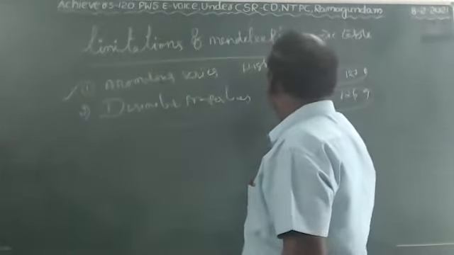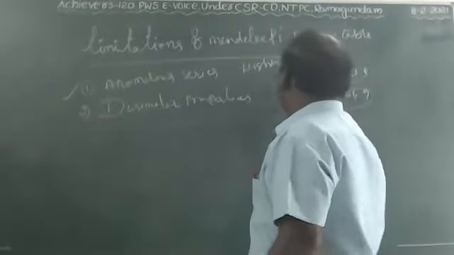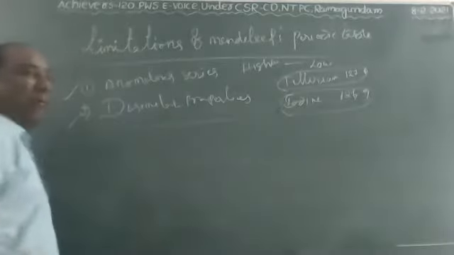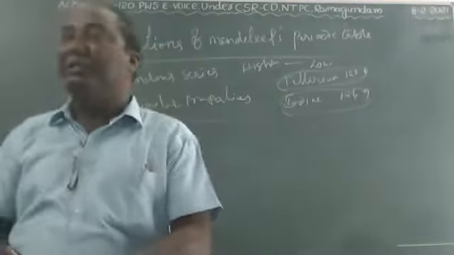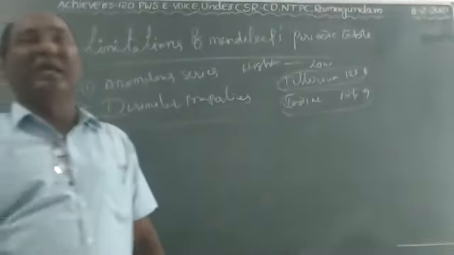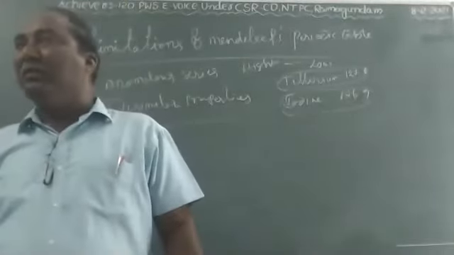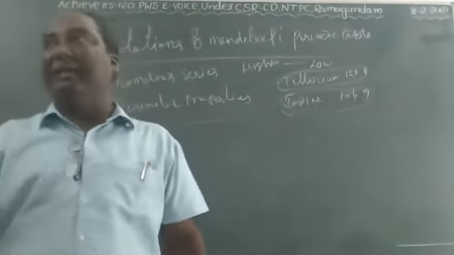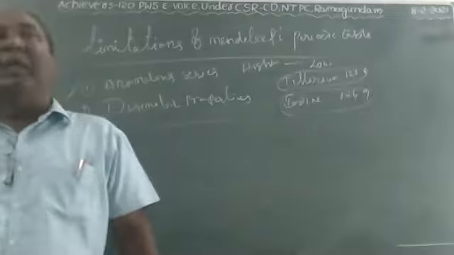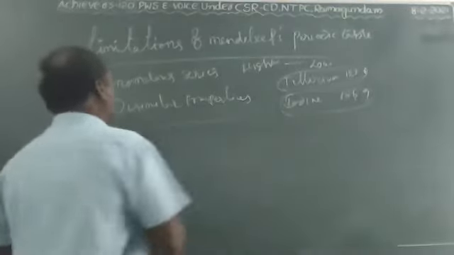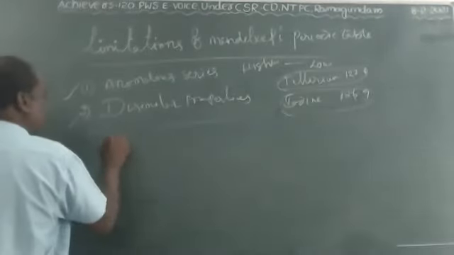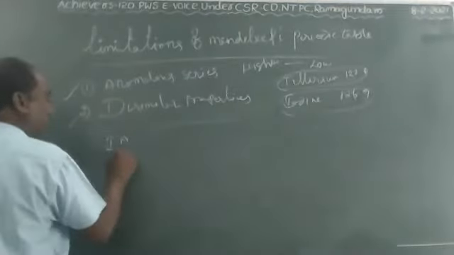Mendeleev placed the highest atomic weight first, then the lowest atomic weight. The second one is dissimilar properties. Dissimilar properties means elements with different properties fit into the same group. Actually, elements with dissimilar properties should fit into different kinds of groups. But Mendeleev placed dissimilar elements into the same slot. For example, the first A group elements are alkali metals.